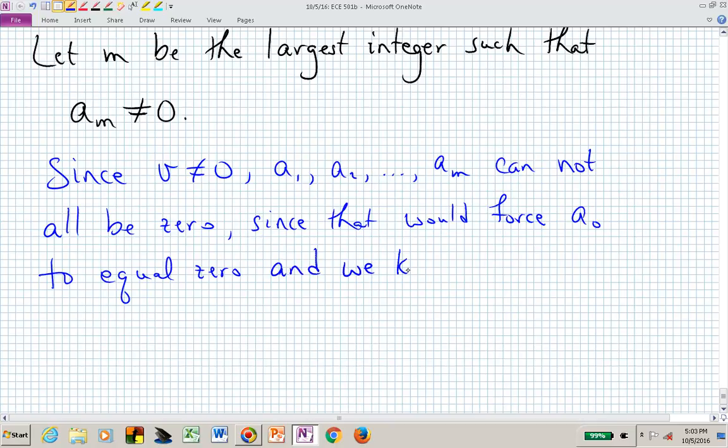And we know the n plus 1 vectors are linearly dependent.